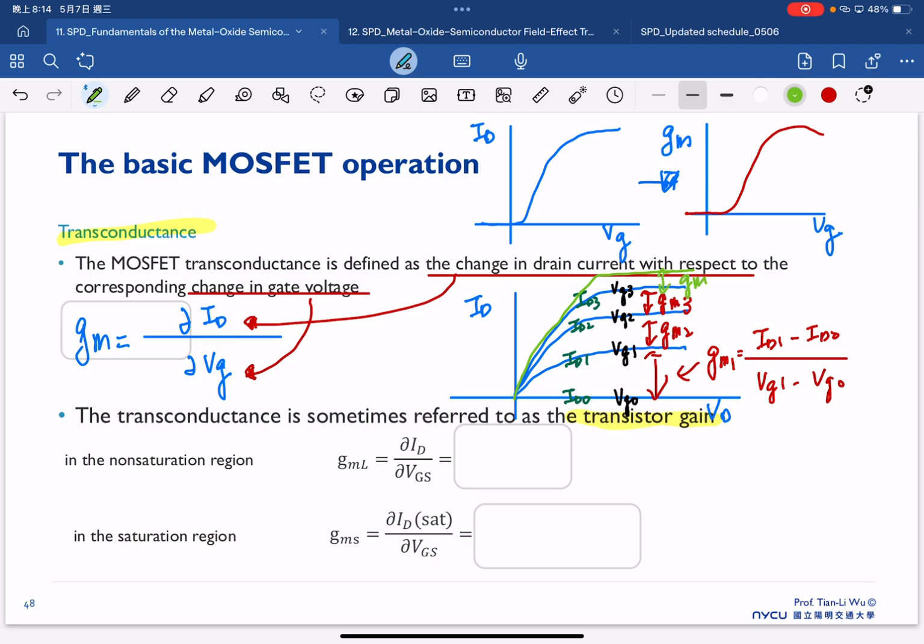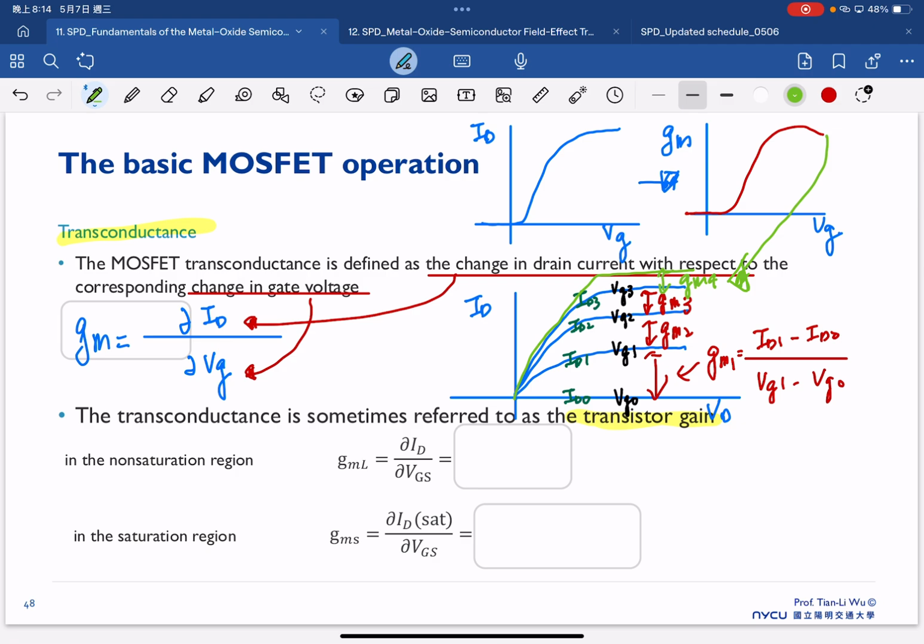So this is gm4, and the increase for this last one is small because with a high gate bias, our gm has decreased.